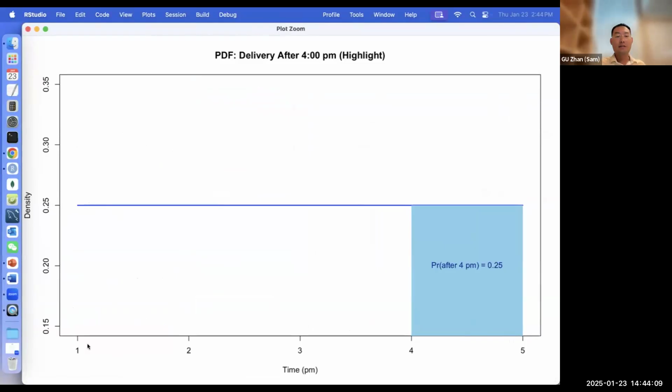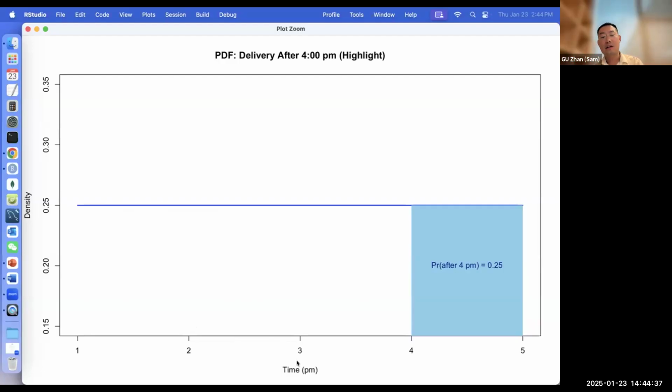How do you calculate it? There are actually 4 units. 4 needs to be multiplied by the probability density value so that the area under this curve will be 1. So 4 times 0.25, the area under this blue line, the curve, will be 1, so 100%. That's how the 0.25 density value is determined.